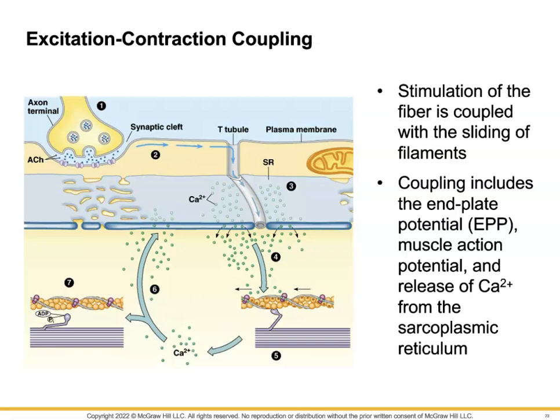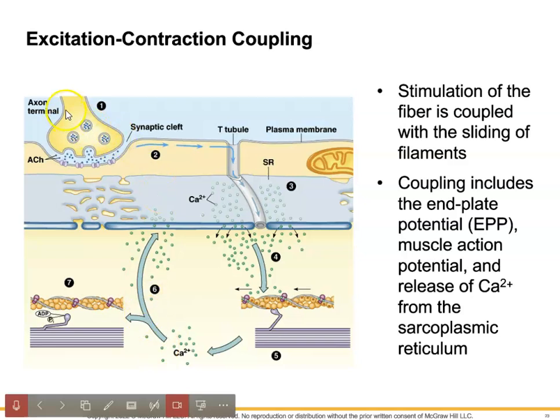So excitation-contraction coupling couples the events of skeletal muscle contraction, excitation at the neuromuscular junction, leading to contraction caused by sliding of the myofilaments in the sarcomeres. Okay? So these events are coupled in what we call excitation-contraction coupling, or how excitation leads to contraction.